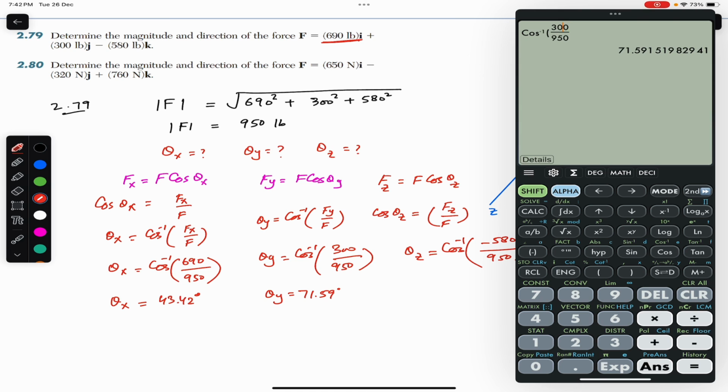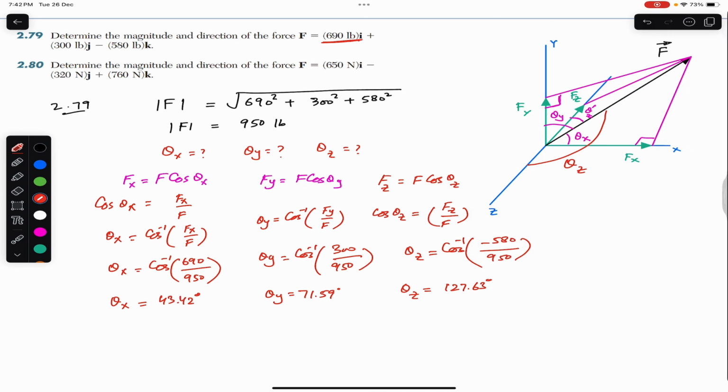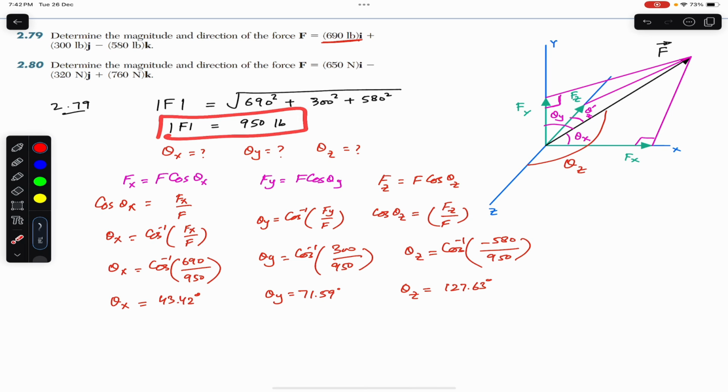And similarly, theta z is cos inverse minus 580 divided by 950, so that is greater than 90 degrees, and it is 127.63 degrees. So now the magnitude of that force F is 950 pounds, and it is making 43.42 degrees with the positive x axis, 71.59 with the positive y, and 127.63 degrees with the positive z.